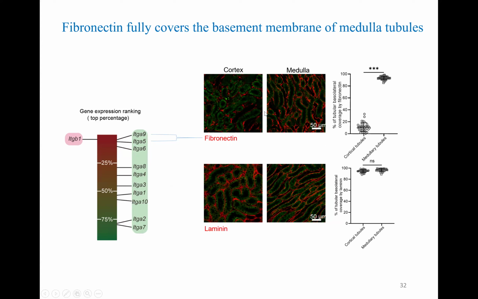Histology study revealed that fibronectin almost covers 100% of the basement membrane side of medullary tubules, while only 10% of the abluminal side of cortex tubules had the fibronectin deposition. In contrast, a well-known basement membrane component, laminin, has 100% coverage on both cortex and medullary tubules.